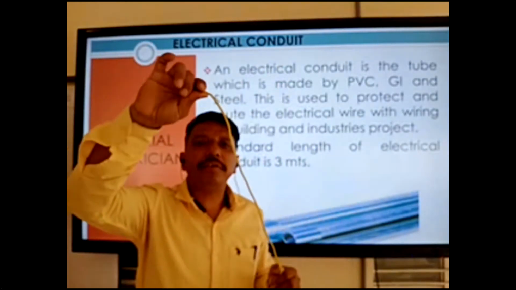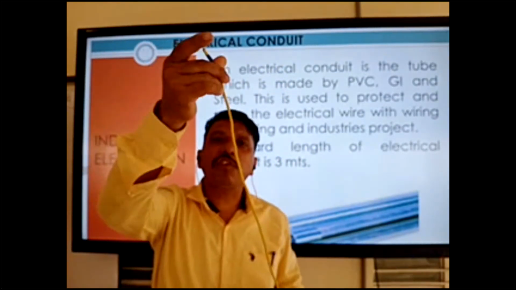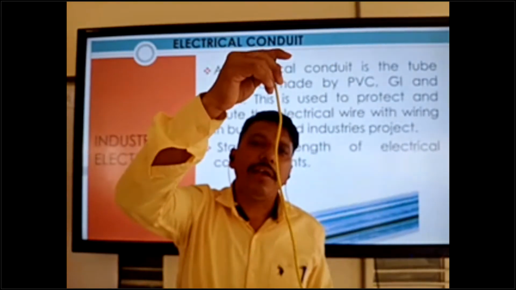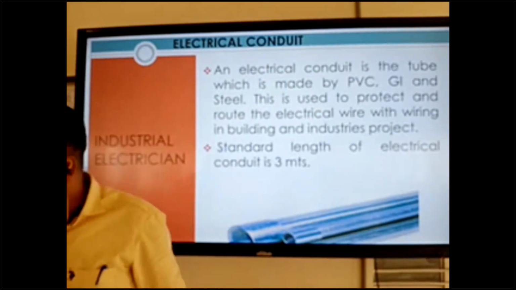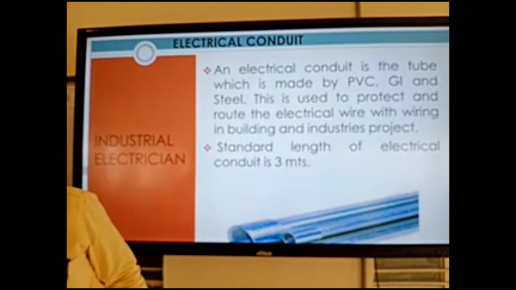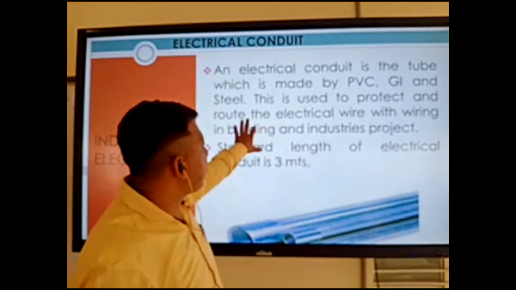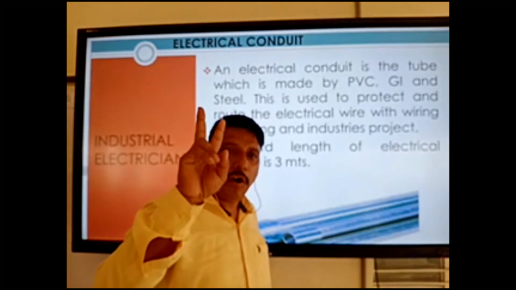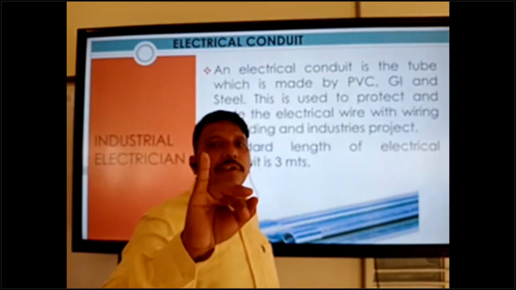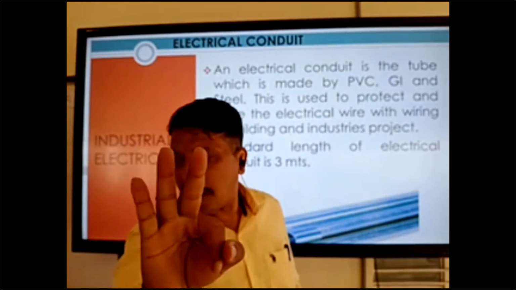Red means L1, yellow means L2, phase 2, and blue means L3. Okay, so in this chapter you can clear two things. Conduits are made of PVC, steel, and GI.